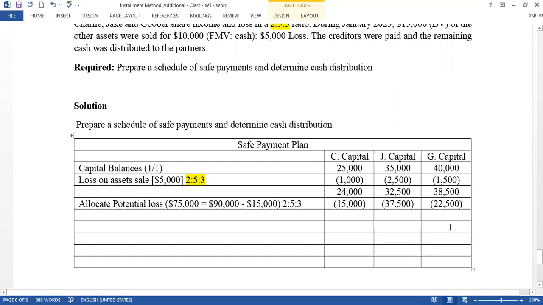So this is the loss absorbed by them. After that, they have $9,000 capital, capital deficiency is $5,000, and $16,000 for G capital.